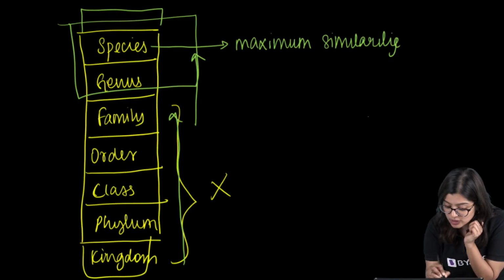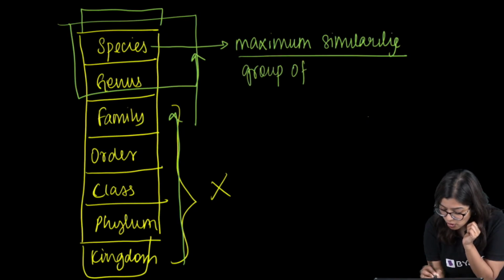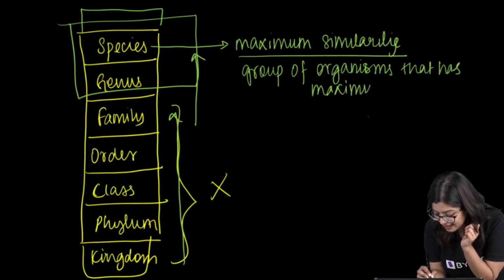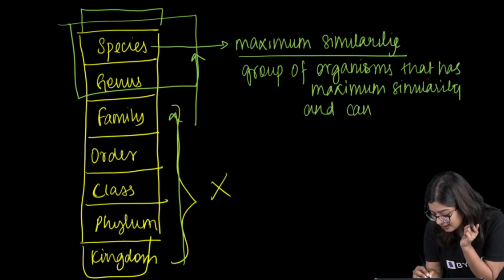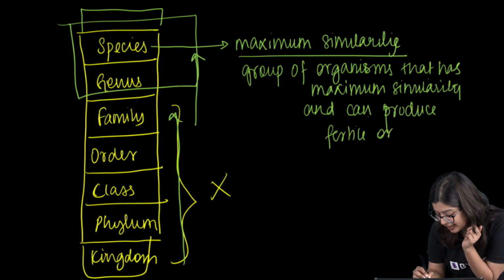similarity, right? So a species can be defined as a group of organisms that has maximum similarity and can produce fertile organisms. Now, what do I mean by this?